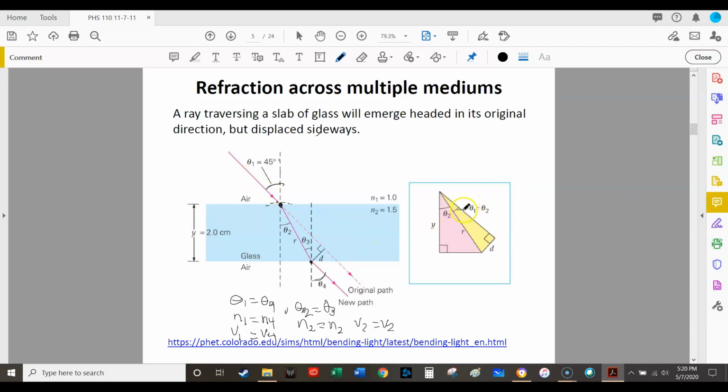And again, how much is being refracted, meaning deviating from its original path, is going to be equal to that distance. So that deviation distance is how much is being refracted.